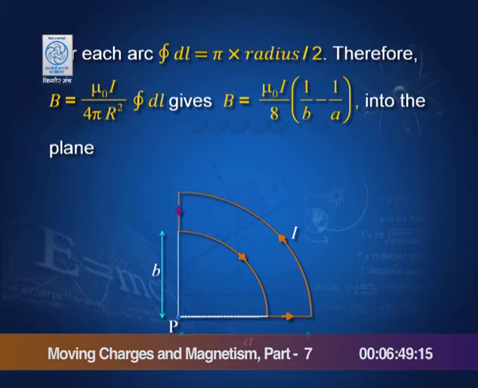Therefore, the net field at P would be the difference of these two, and you can see by using the same right hand screw rule that the net field is coming out of the plane. No, the lower arc gives a field which is going in. So, that is stronger because B is less than A. So, the net field is going inside.